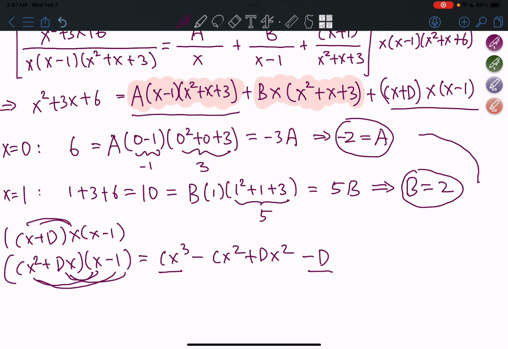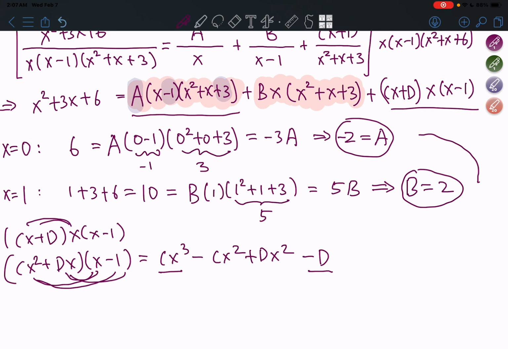What's possibly going to give me a constant term? Well, the only one is when a is multiplied by negative 1 multiplied by 3. That's the only way to get a constant term out of that.